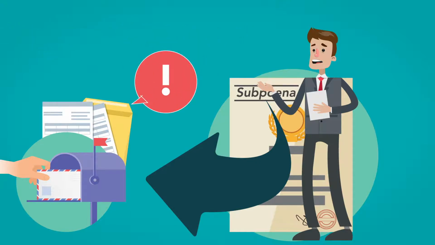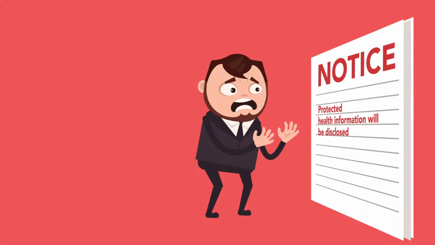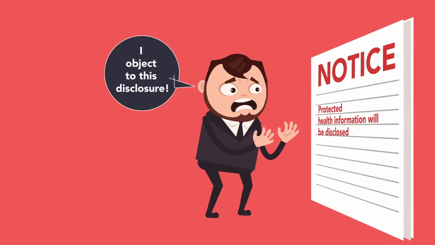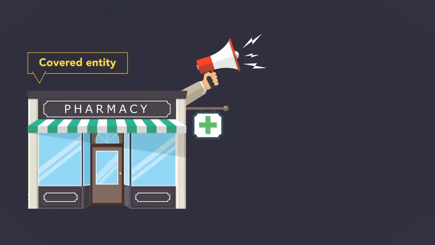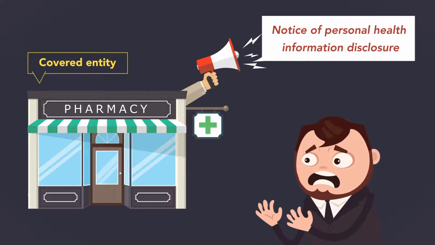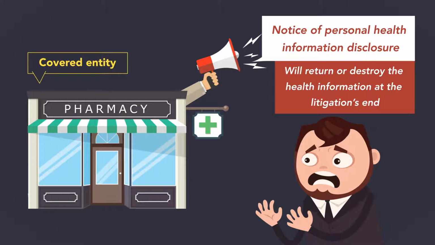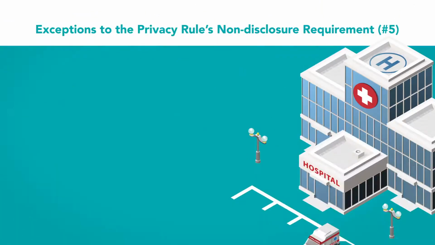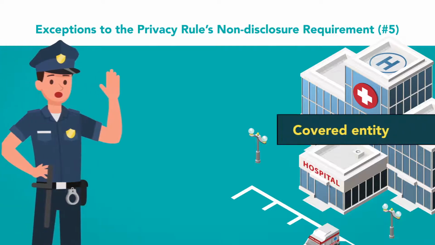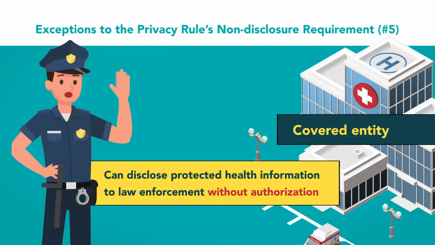This notice alerts the person that his protected health information will be disclosed and enables him to file an objection to the disclosure. Finally, the covered entity itself can make reasonable efforts to notify the person that it is disclosing his personal health information for litigation purposes and that it will return or destroy the health information at the litigation's end.